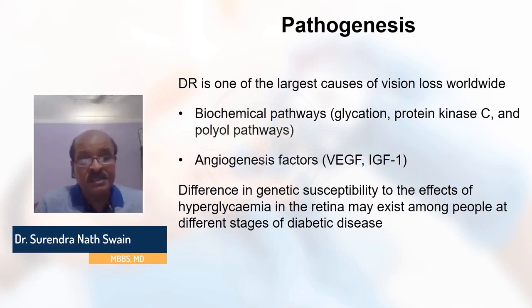And difference in genetic susceptibility to the effects of hyperglycemia in the retina may exist among people at different stages of diabetes. Some people with genetic susceptibility suffer more than others. Sometimes racial differences are there. Some are more affected than the others.